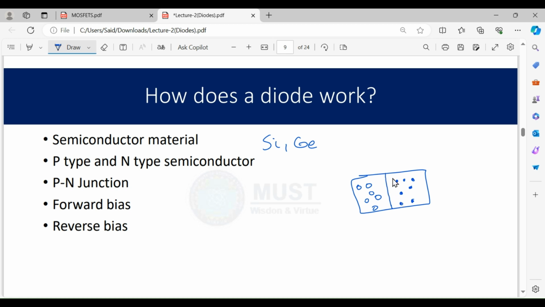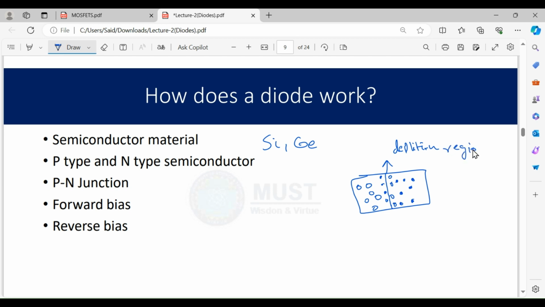During its construction diffusion will occur, some electrons jump to this side, and holes are left here, and a region is created, that is the depletion region.